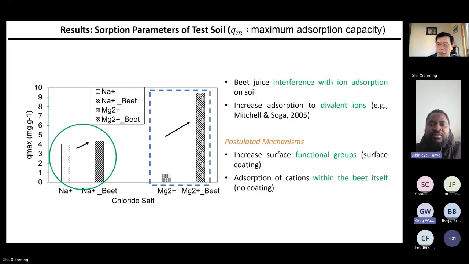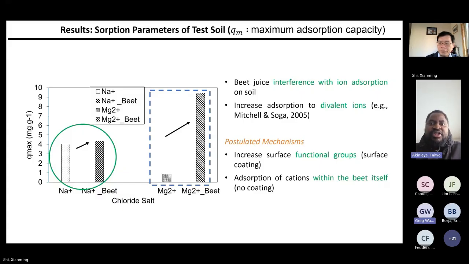So we think that either the functional groups in this beet juice are absorbing these cations within its matrix, making the desorption and adsorption process much slower, or the beet juice is coating the surface of the soil particle, and when it coats the surface, its functional groups absorb cations and anions to them, so you have more adsorption of these cations in the soil.